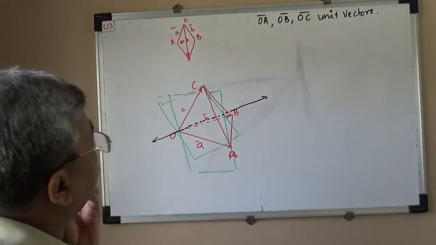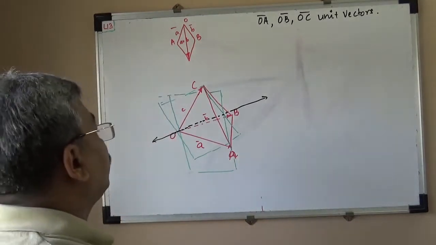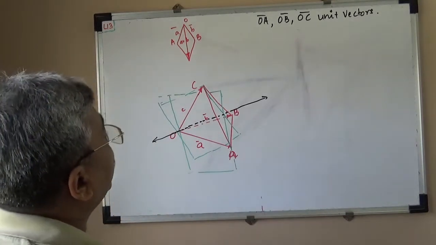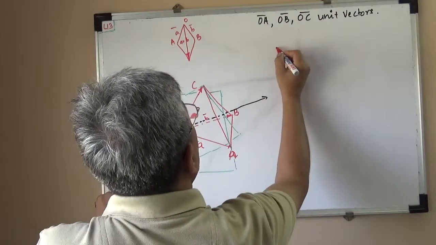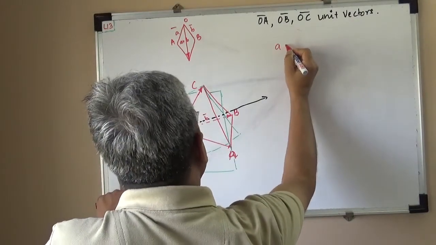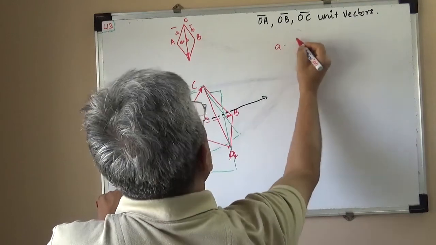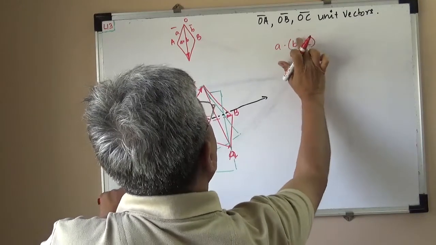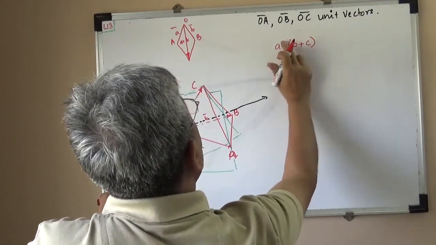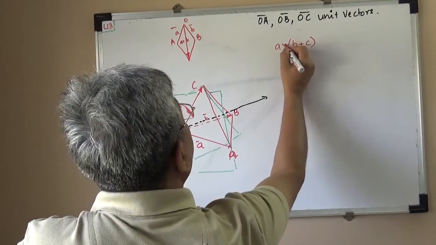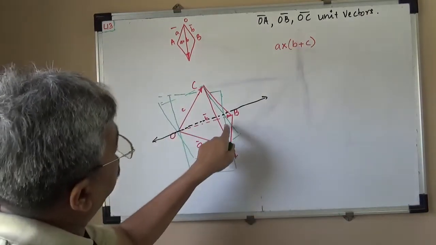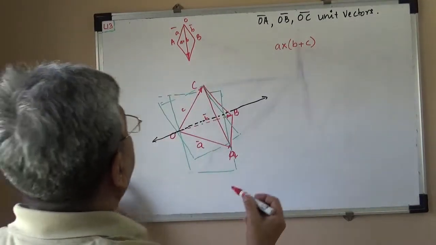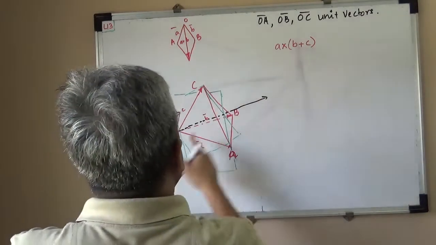I need to generate a vector which is perpendicular to the required plane, and it is also supposed to be perpendicular to vector A. So the perpendicular vector is going to be A cross B plus C. A cross (B plus C) is going to be the vector which is perpendicular to the required plane, and for any point, R minus 0.